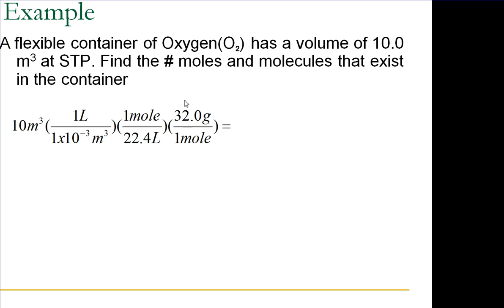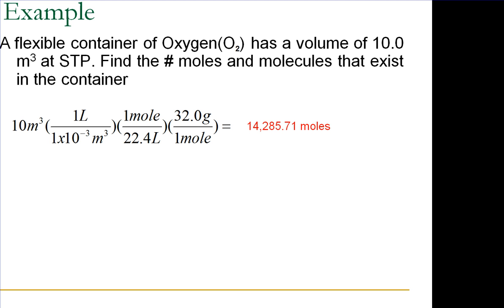How do I know that? Well, O2, there are 2 oxygen atoms. Each oxygen atom is 16, and we have 2 of those, so that's 32. So if I multiply this out, 10 meters cubed of oxygen is 14,000 moles.